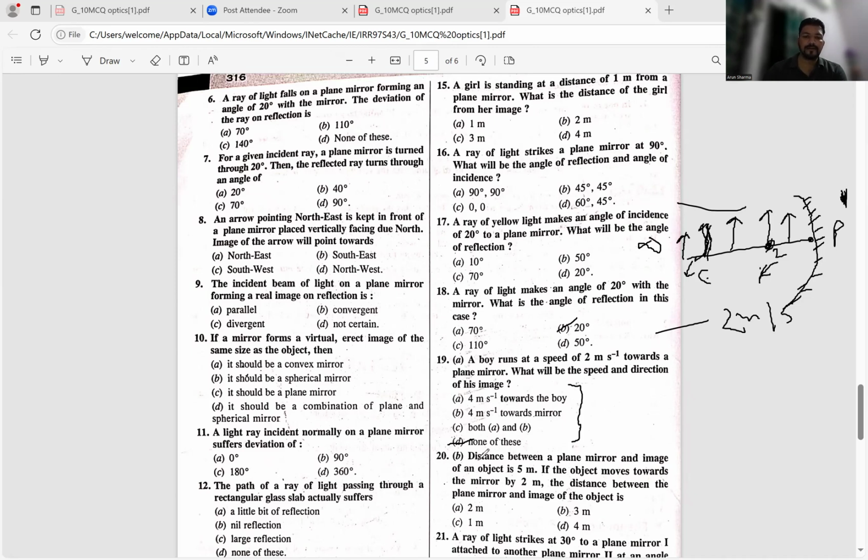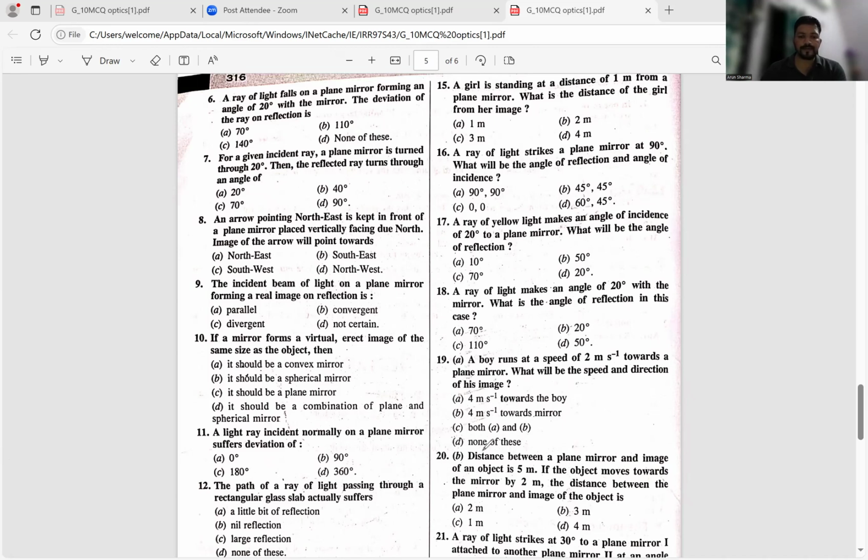Now, question number 20. The distance between the plane mirror and the image of the object is 5 meter. If the object moves towards the mirror by 2 meter, the distance between the plane mirror and the image of the object is? Again, the distance between the plane mirror and image of the object is 5 meter.